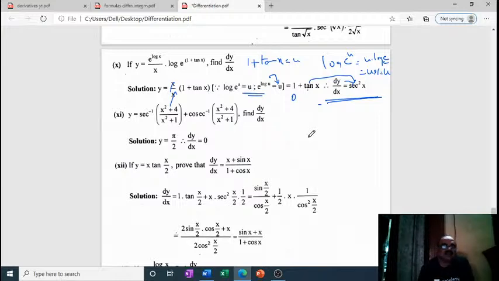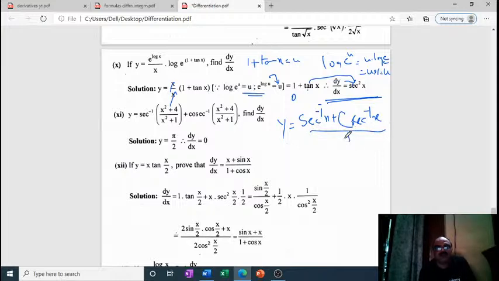Next, y equals secant inverse of x square plus 4 by x square plus 1 plus cosecant inverse of x square plus 4 by x square plus 1. Find dy by dx. See friends, it looks like y equals secant inverse x plus cosecant inverse x.